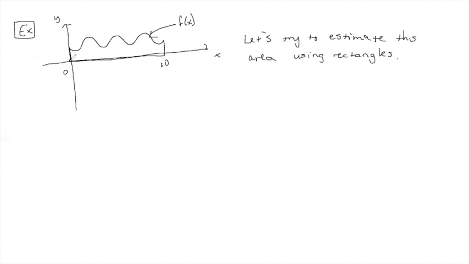I can put a rectangle sort of anywhere I want, but how do I get a close estimate? Well, let's define it by having the height of the function at this place here, right? So I'll define this to be the height because I just want to start it at 0, right? I want to get the whole thing. I don't want to miss any pieces. And let's just naively take one rectangle.